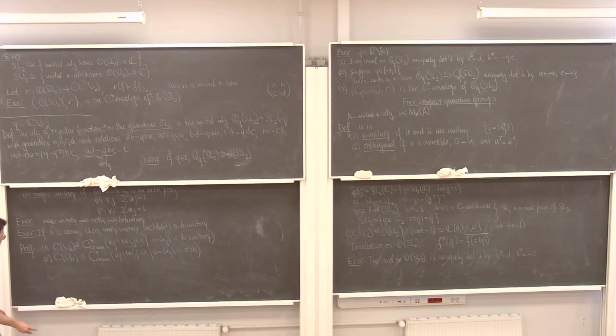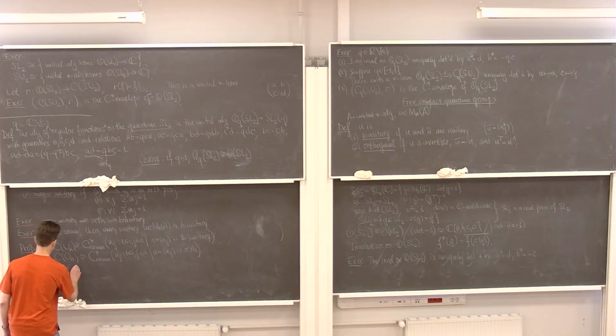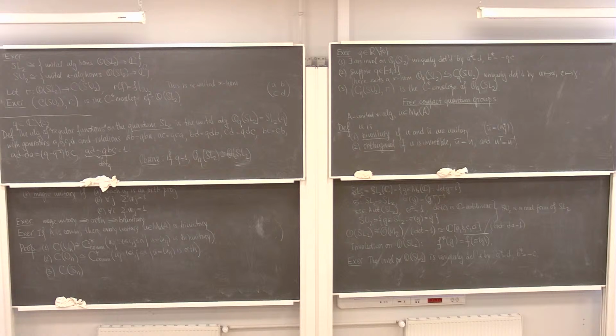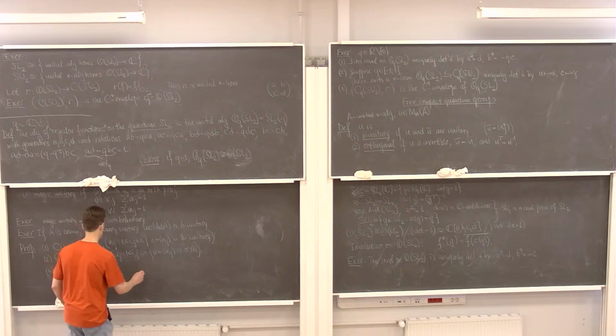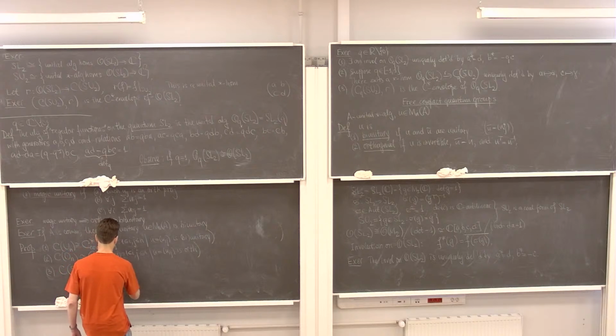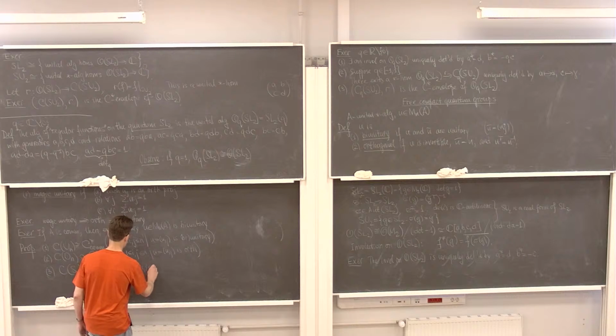And finally, the algebra of functions on the symmetric group. I write continuous functions, but of course this algebra is finite dimensional. It consists of all functions, and it is isomorphic to the universal commutative C-star algebra generated by the elements Uij, such that the respective matrix is a magic unitary.